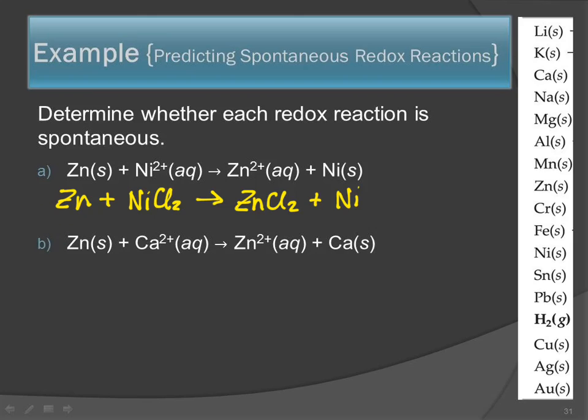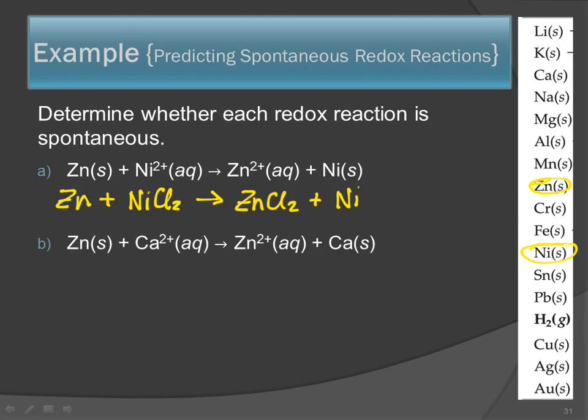So if we look at this list, this is the macho list. There's zinc, and here's nickel. ¿Quién es más macho? Zinc, right? You can also think of this as a list that the popular girls kept of the guys in the senior class, and lithium was the best one, the one you'd really want to go out with.